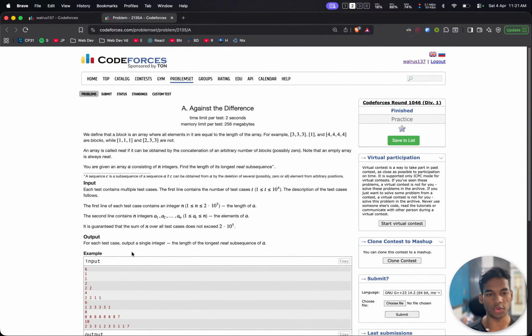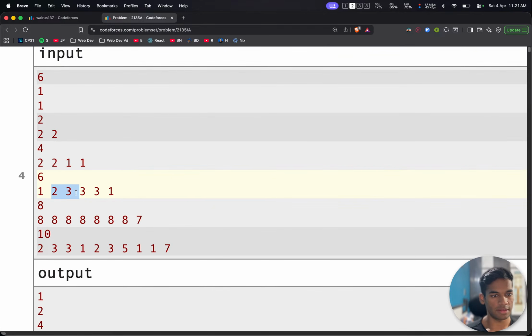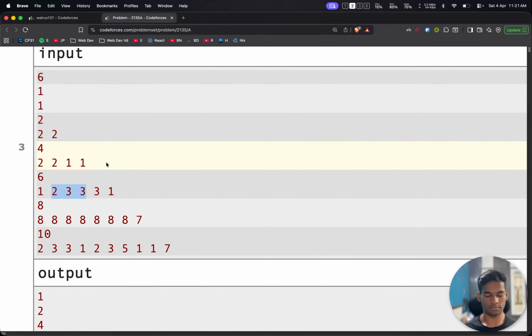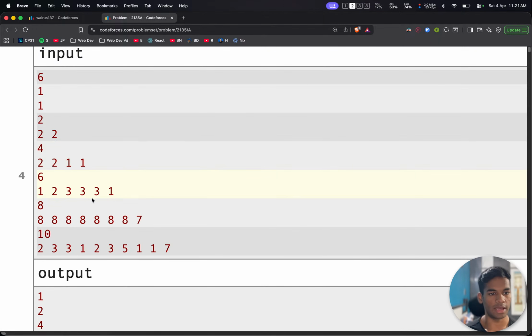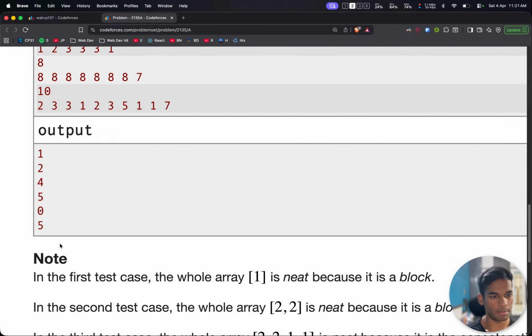Cool. I thought we had to find not a subsequence but a subarray, that is, we can just take a continuous block of elements. But we can remove anything from anywhere, and we have to find the best neat sequence with that. Okay, cool.